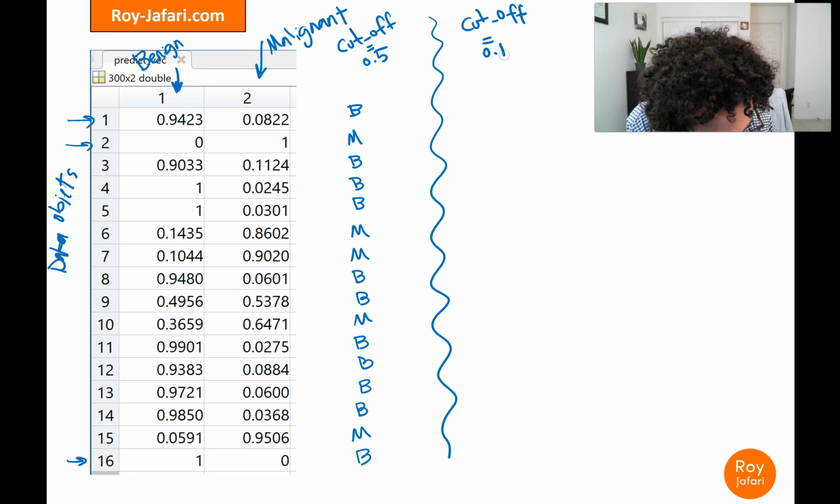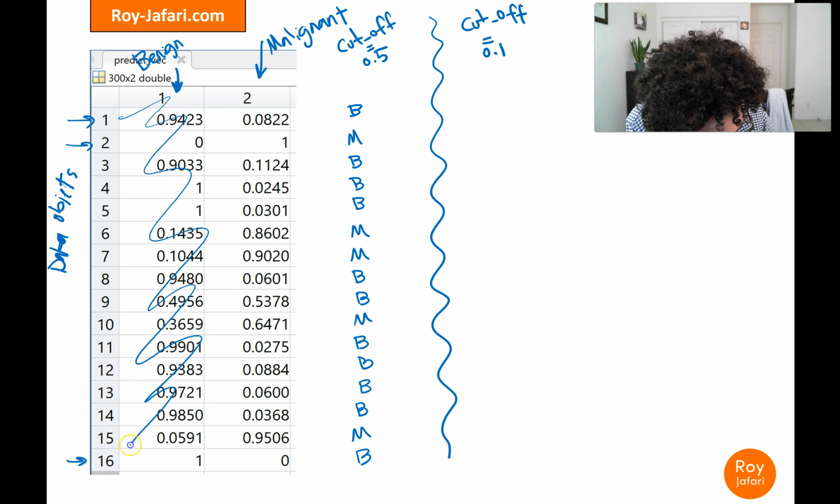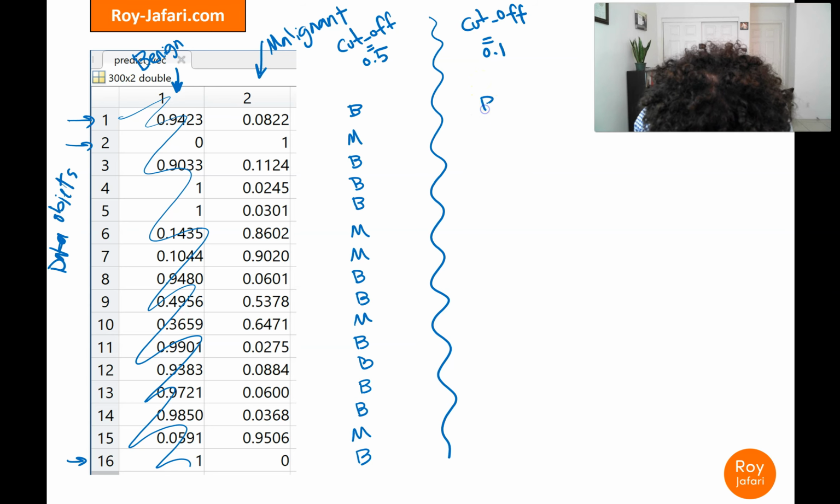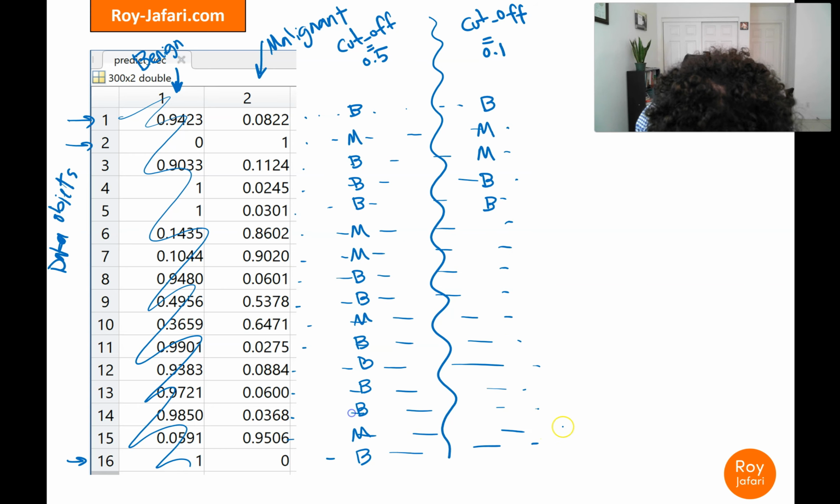So cutoff point 0.1. In that case, I'm just paying attention to this probability value. Of course, this probability is 1 minus this one, but I'm just going to pay attention to that one, right? So here, this would be benign, malignant, malignant, benign. This would be malignant, malignant, benign, malignant. Oh, this actually would have been malignant.